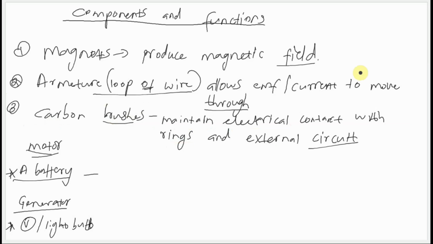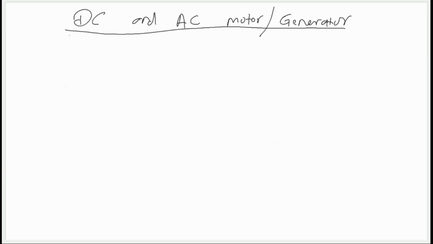Okay, so we have types of motors and generators. This is called DC and AC, so it applies for both motor and generator. What are these two types of operation? When you say DC and AC, we mean how the current is moved around these systems.